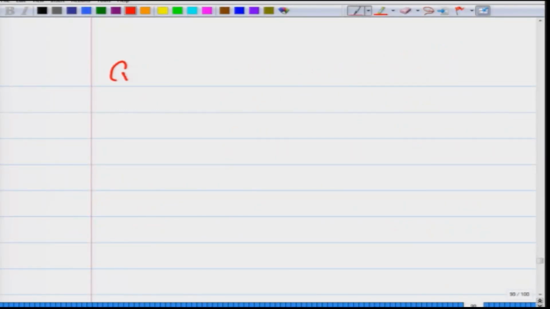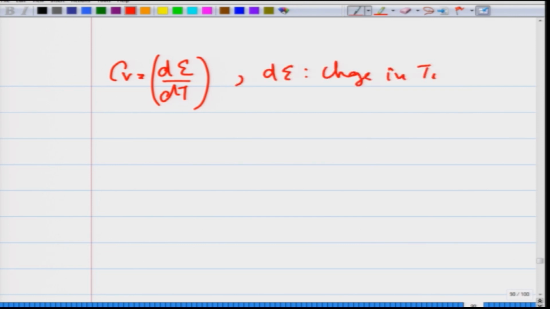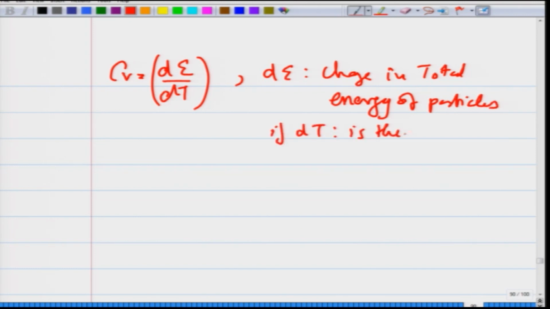So, CV is the change in energy when you change the temperature of the system by dT. dE is the change in total energy of particles if dT is the change in temperature of the system.